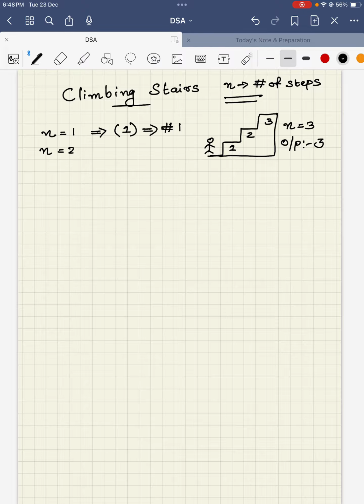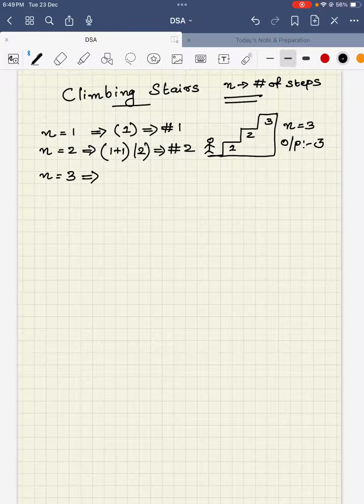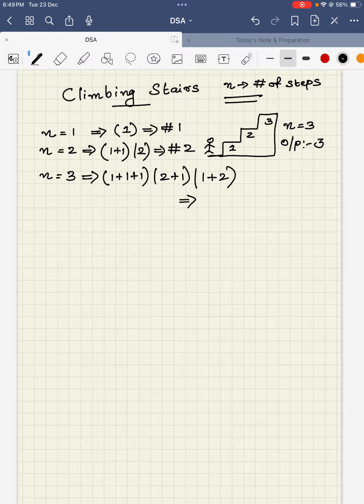If n was 2, the ways would be 1 plus 1, or a single jump of 2. So the number of ways would be 2. If n was 3, the ways are 1 plus 1 plus 1, or 2 plus 1, or 1 plus 2. So the number of ways is 3.